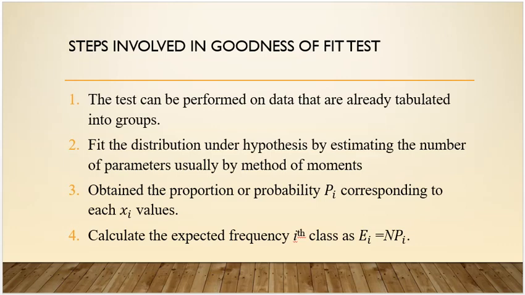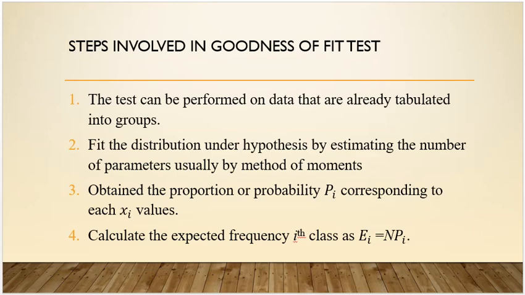Firstly, we have tabulated data, either grouped or ungrouped, with the values or the classes and frequencies. From that we have to calculate the estimators of the parameters of the distribution.